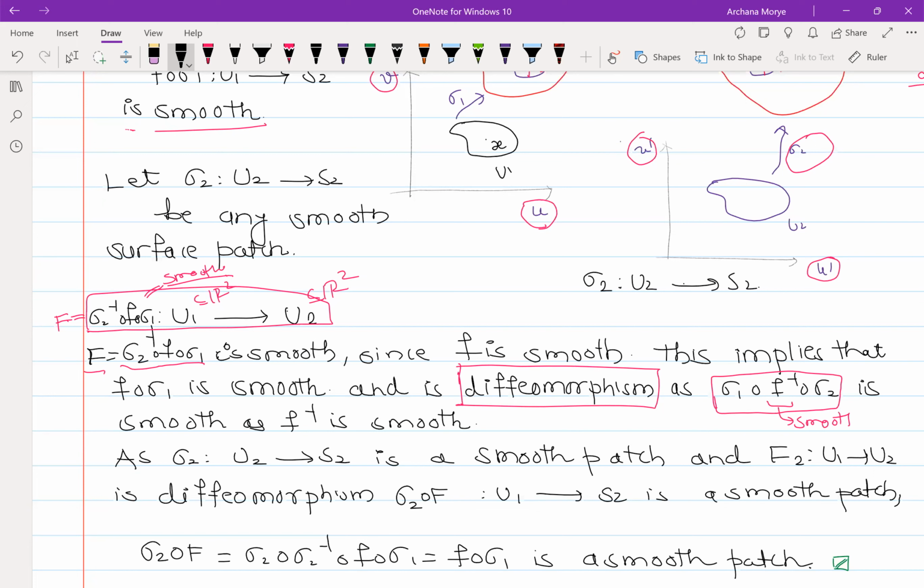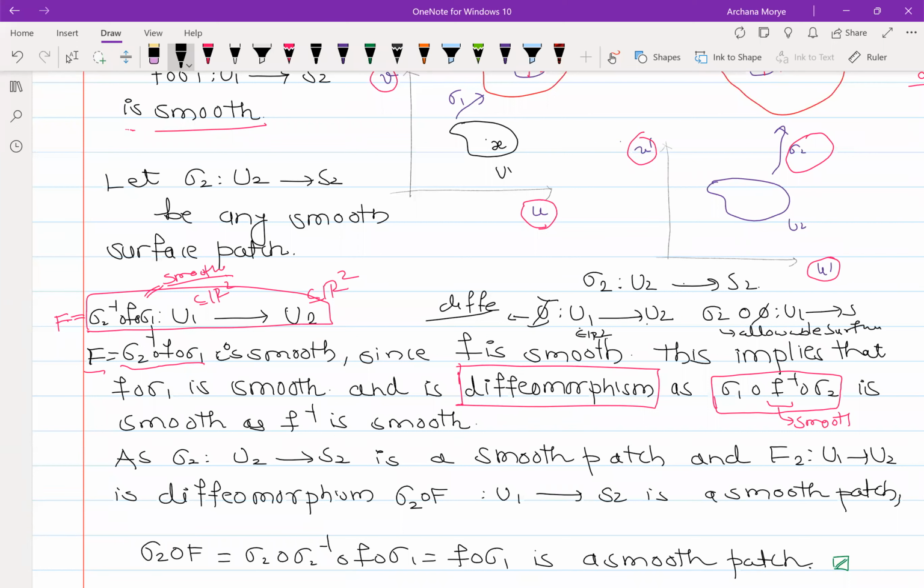And what we said last time is, suppose phi is a diffeomorphism from U1 to U2, both inside R2. Then sigma 2 composed with phi, a map from U1 to S2, is also an allowable surface patch. Do you remember this? We did it last time.